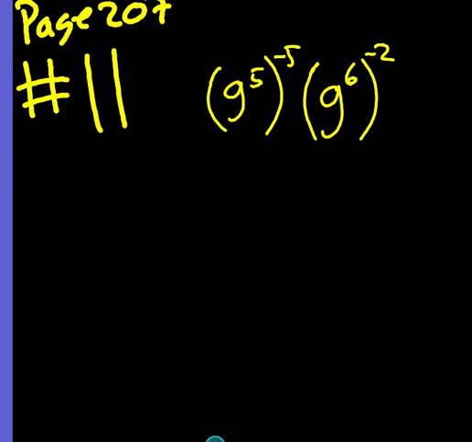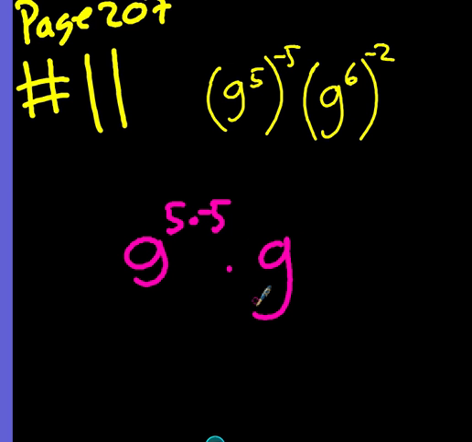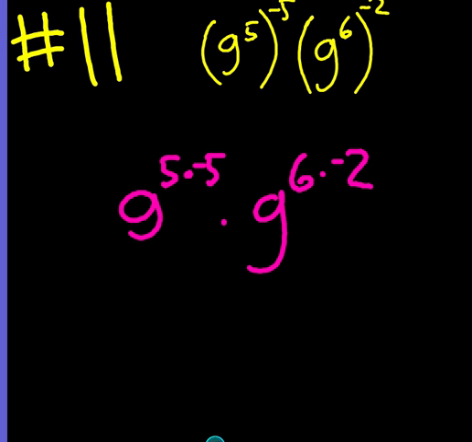Number 11, again, we're getting more complex as we go. So now I've got g to the 5 times negative 5 times g to the 6 times negative 2. Okay, and so 5 times negative 5 is g to the negative 25 times 6 times negative 2 is negative 12.